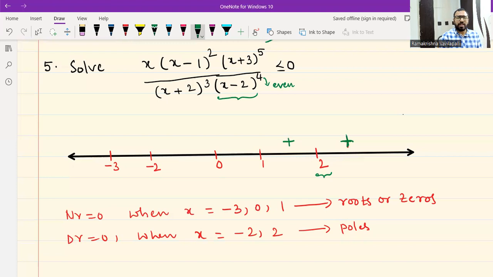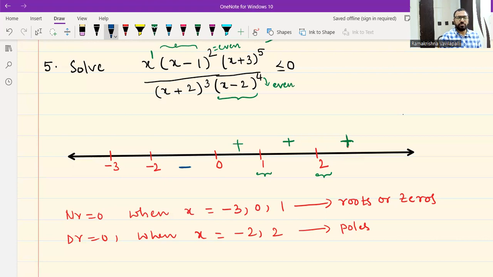Well, now coming to 1. This is a root of multiplicity 2. This is even, so there is no sign change. When even power comes, no sign change. Now coming to 0, here this power is odd, so there will be a sign change. This is negative.